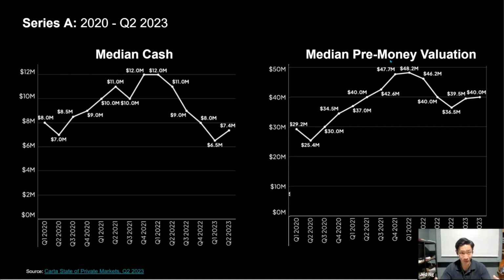So to put all of this together, my answer to this question is number one, top down, start with the Carta data. Bear in mind it's US centric, so wherever your market is, it's going to be a lower number. You can get a bottoms up view by just talking to a few startups or investors, looking at the stage you're at to get that calibration. So then you have some kind of range.